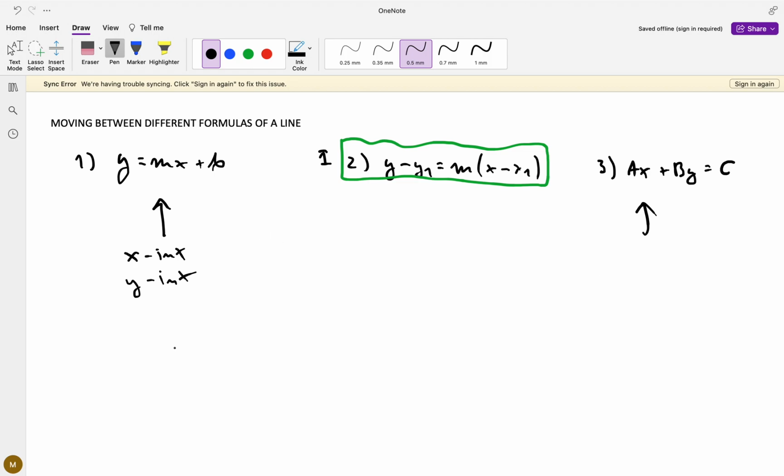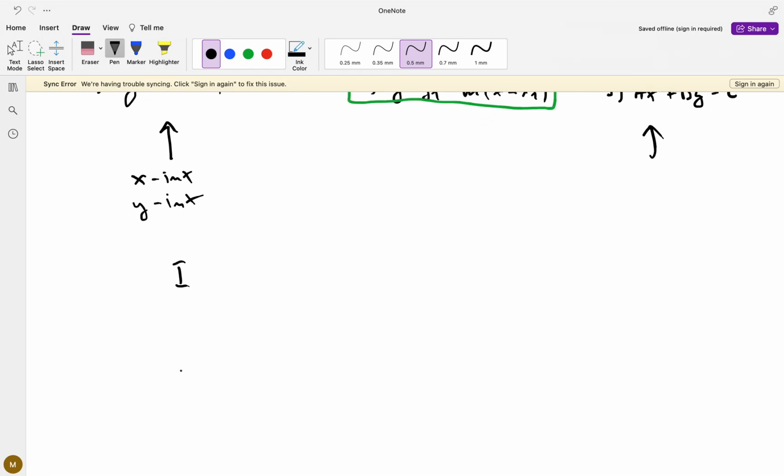Let's consider the following question. Let's say you have a line that has a slope equal to 5 and goes through a point P (2, 6).